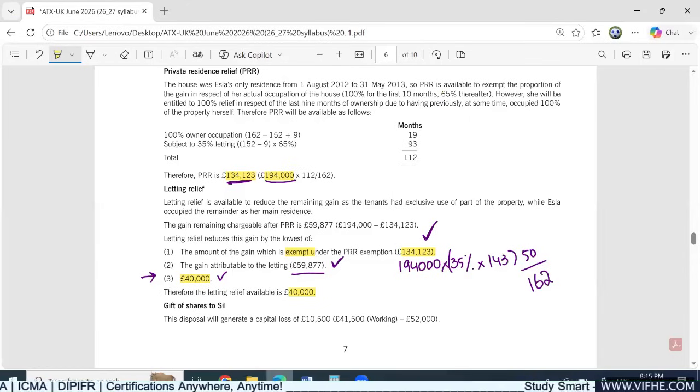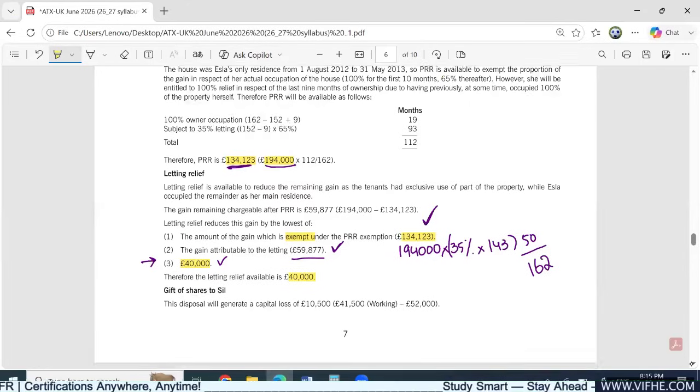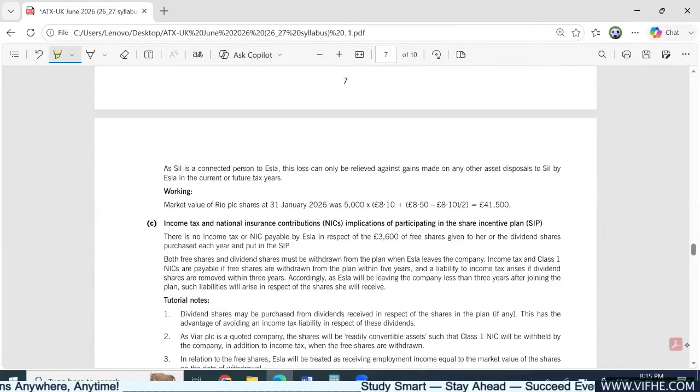Right? Okay. So first of all, I need to see what the market value of the share being gifted is, because where there is a transfer between connected persons, it is the market value which shall be treated as the disposal proceed. So the lowest market value is 8.1, and here we are going to apply the quarter up rule because this is no longer unquoted companies.